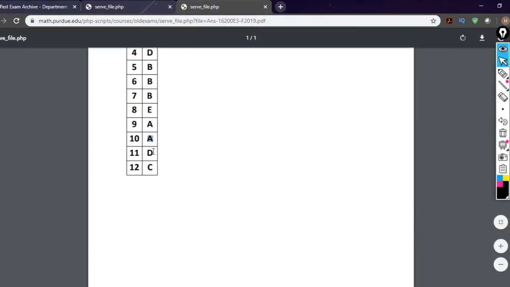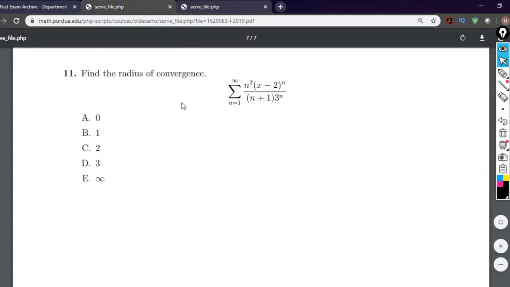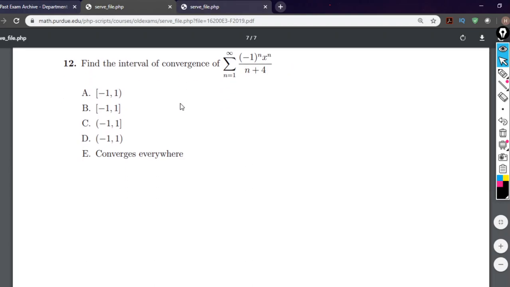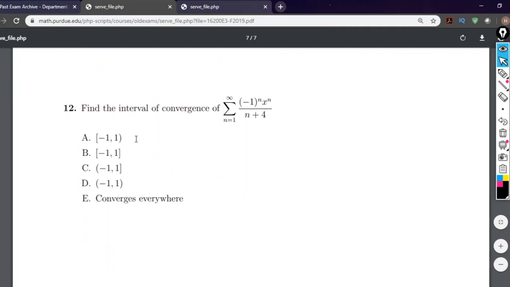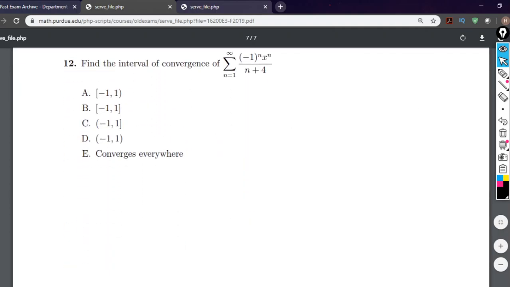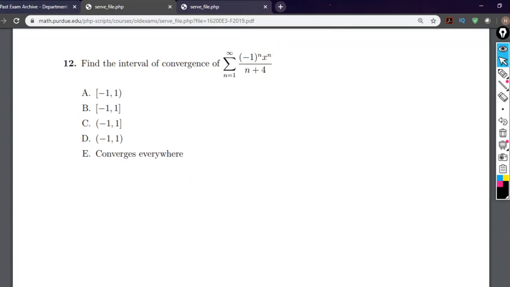And we go to 11. It is D. And 12 is basically the same thing, except you find the interval rather than the radius. So do a ratio test here once again.